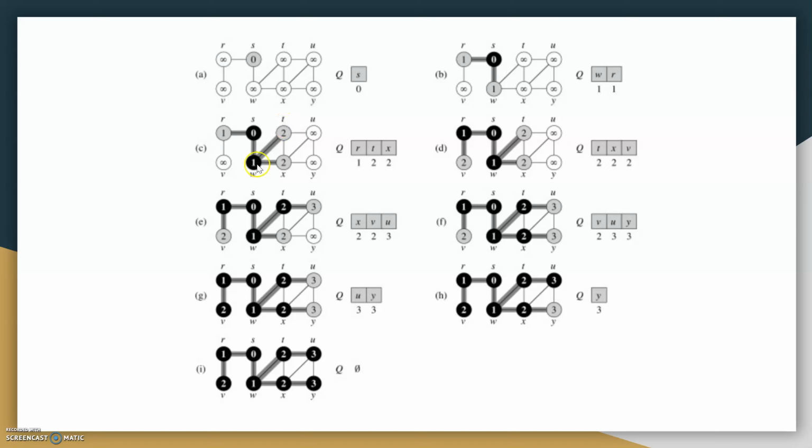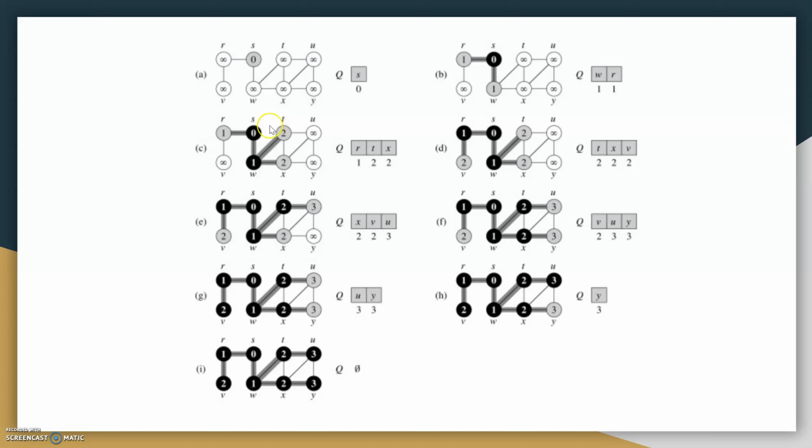So compare W and R. You see that R has one vertex that can be reached from it, and W has two vertices. So we continue from W, and you can reach two other vertices, T and X. After that, W becomes black, so W is not in the queue on the right side anymore.